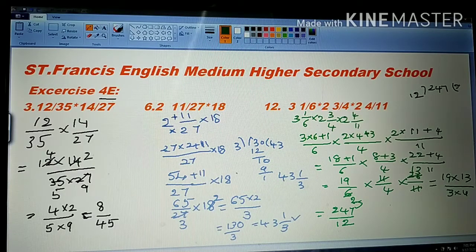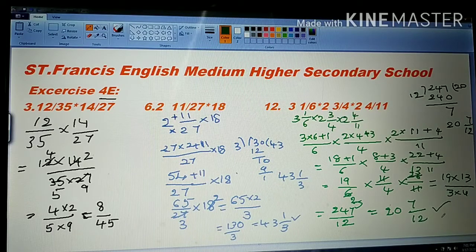Okay, 12 2s 24. If 20s also you can take, 12 20s 240. Remaining you get here 7. So what you can write here? 20 7 by 12. If you divide this numerator with this denominator 12, you get here the mixed fraction 20 7 by 12.